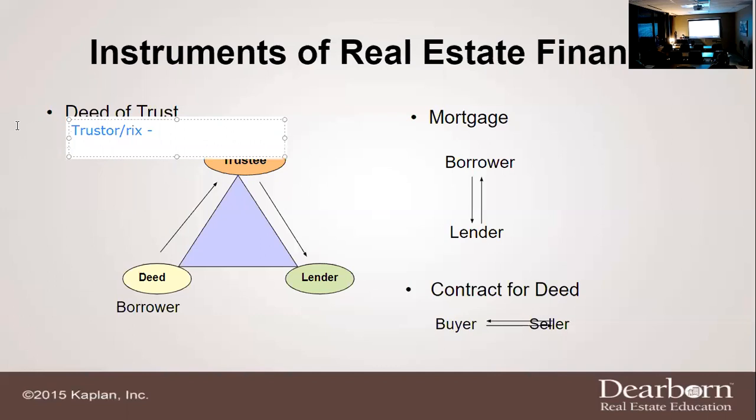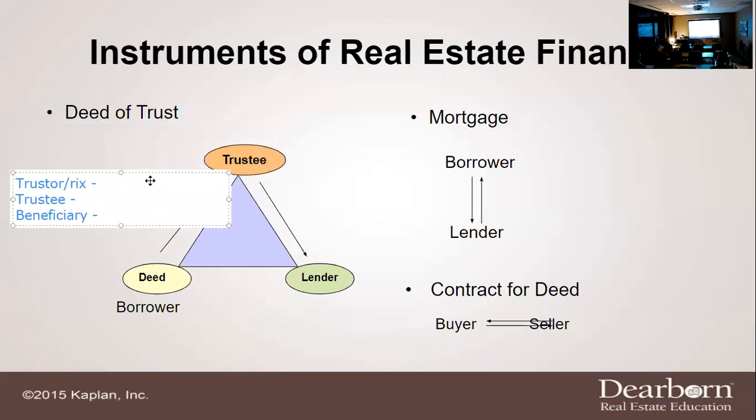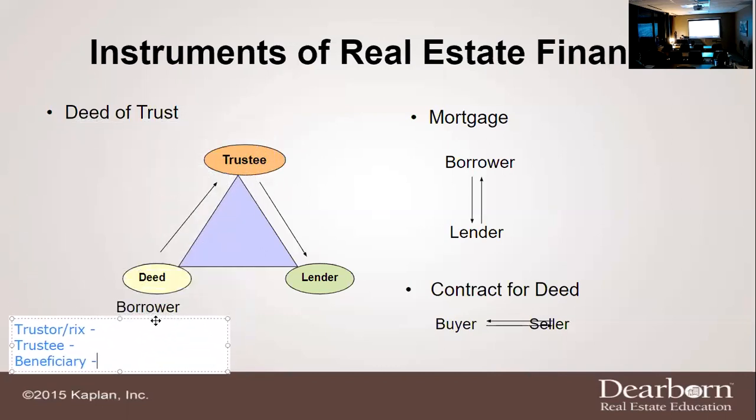Then there's going to be the trustee. And then there is the beneficiary. As you can see here, I'm going to move this down so it's out of the way. Y'all can still see the chart.